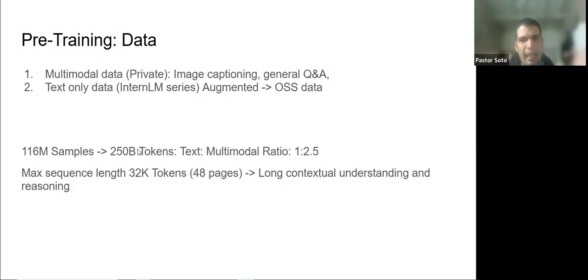But this data is private, and they have 160 million samples, which is around 250 billion tokens, and the text to multimodal ratio is 1 text to 2.5 multimodal. And the max sequence length was 32,000 tokens, which is around 48 pages. So just to give you an idea. This is to account for long contextual understanding and reasoning.